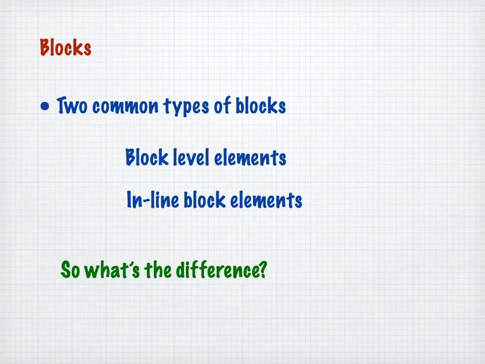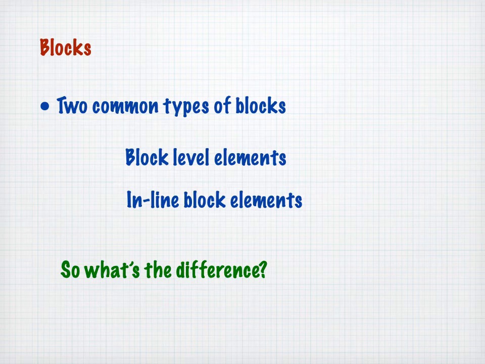Now, blocks are the way for us to visualize how an HTML page is laid out. And in the original definition for the way that blocks should be laid out inside a page, blocks fall into two types. There are what are described as block level elements, and there are inline elements.